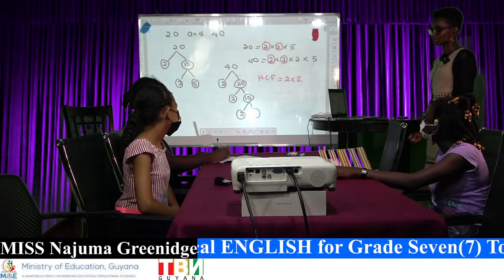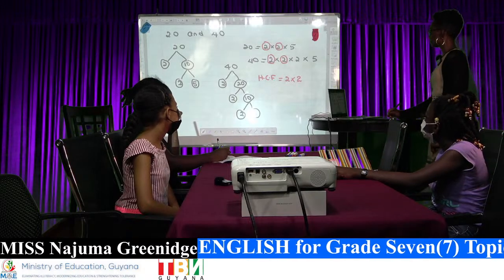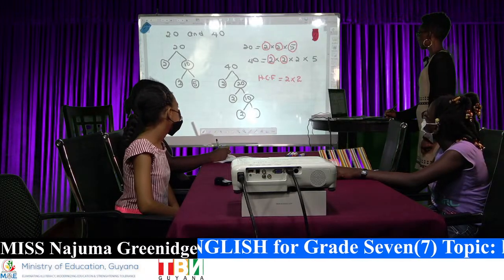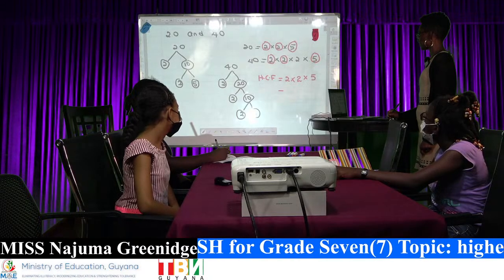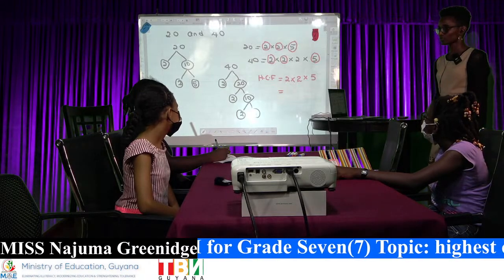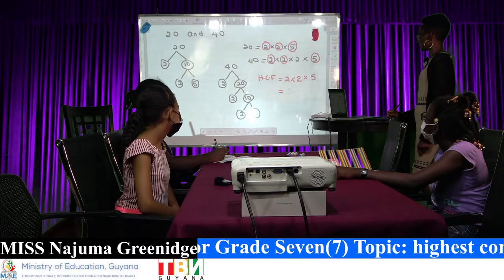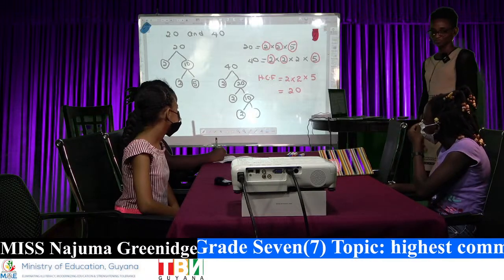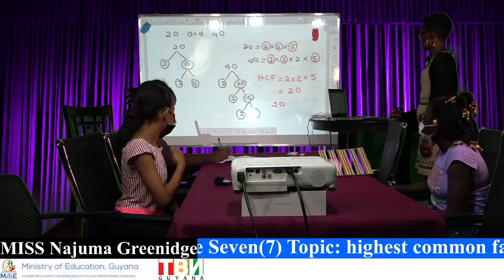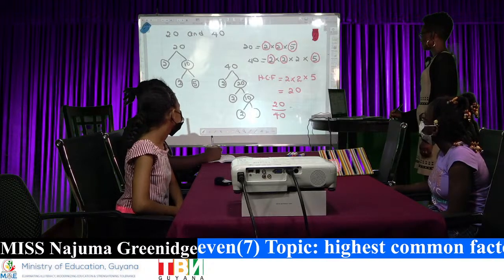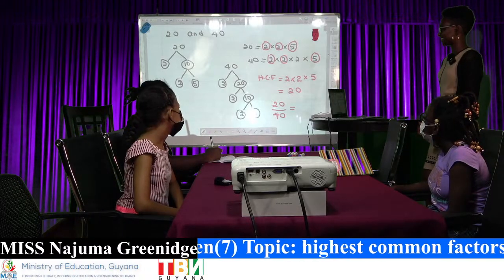Account for it once. And then we have 5. You count here, we account here. Times 5. So let's multiply. 2 2's 4. 4 5's 20. Right. So in terms of equivalence, 20 over 40 will give us 1 over 2.